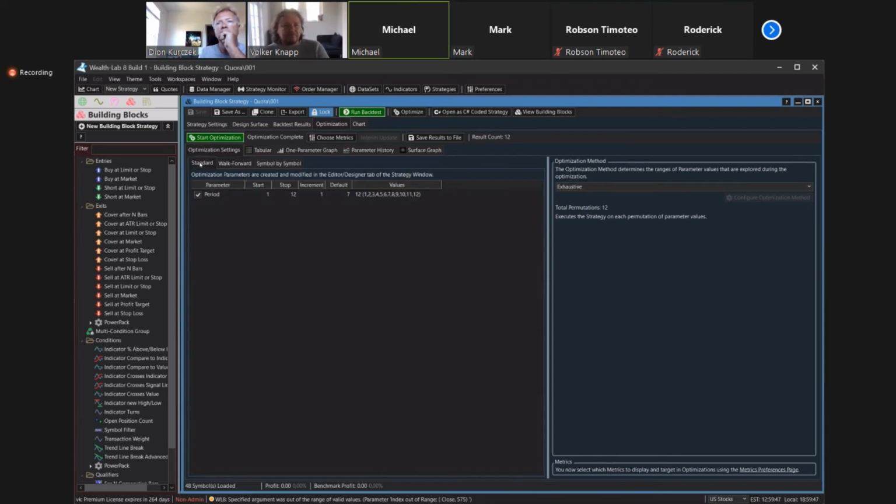How many runs do you use with SMAC, Mark? Let's see, total permutations 20. Configure optimization, I got 20 for the iterations. I'm optimizing against recovery factor, random start point 30, function evaluations 1, local search point count 10, random search point count 1,000.